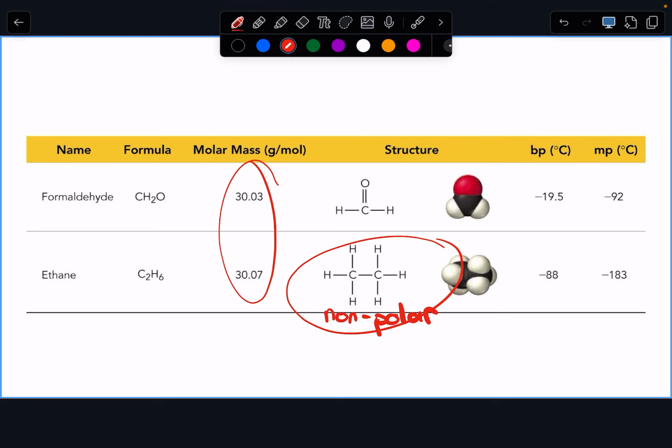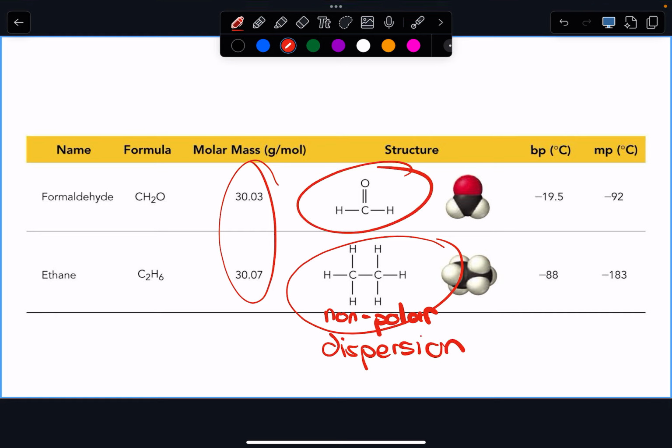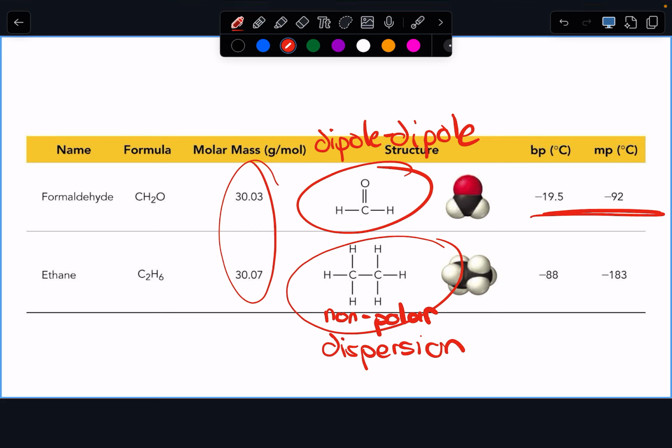We'll talk about why mass matters on Friday. So this guy just has dispersion forces, whereas this one's going to have dipole-dipole. And you can see that in their melting points and boiling points. The formaldehyde has higher boiling points and melting points, and the reason is those dipole-dipole forces.